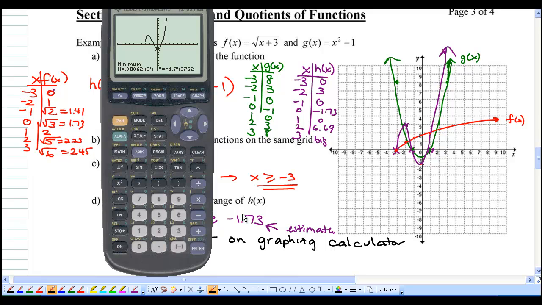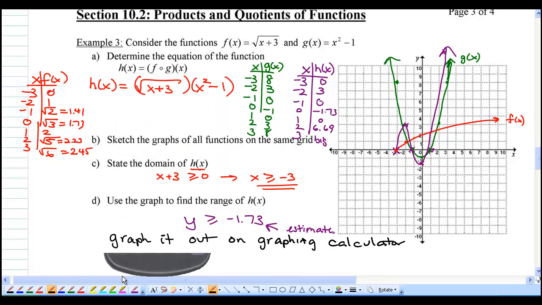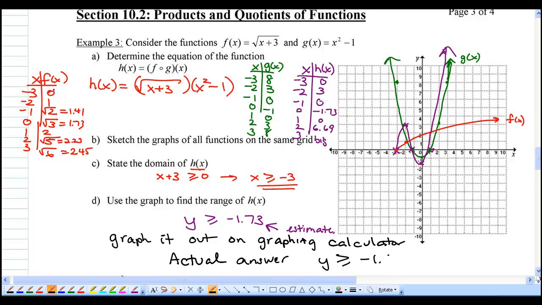Oh, so maybe it's not negative 1.73, it's negative 1.743, but nonetheless, you're close enough, and on a test, I'd give it to you. Okay, so I'll just say actual answer. The more proper one would be y is greater than or equal to negative 1.74. Okay, but that's close enough.